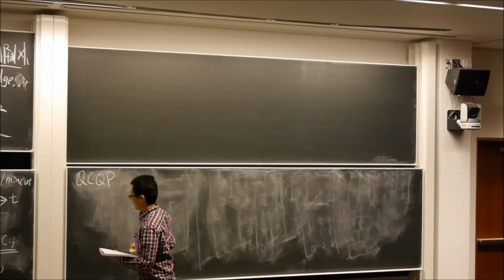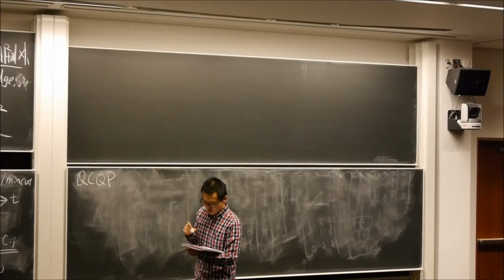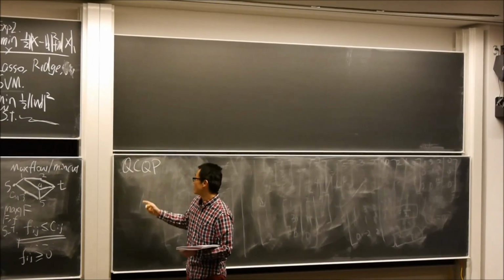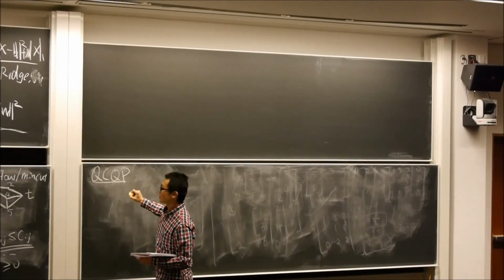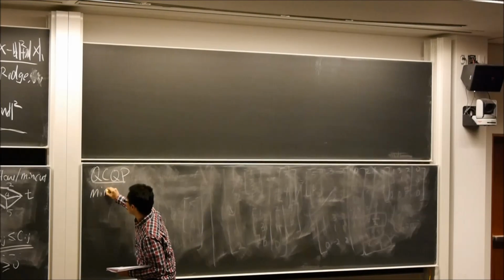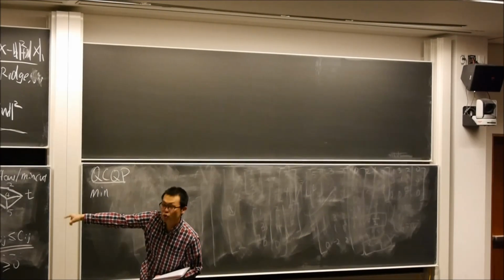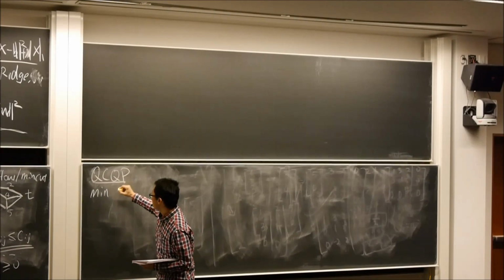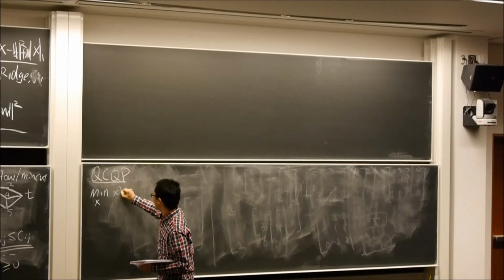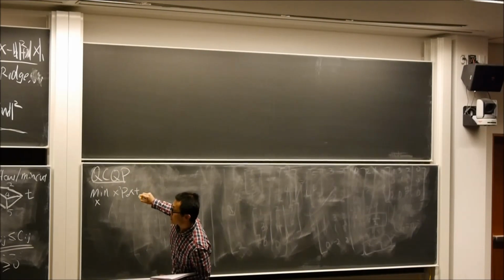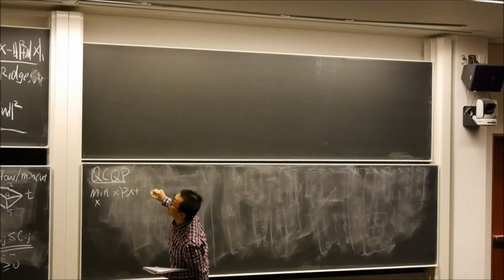QCQP. The quadratically constrained quadratic programming, as the name suggests, is simply to change the constraints to allow for quadratic constraints. So it is still to minimize over x, x transpose P0 x plus, oh, it's up there.